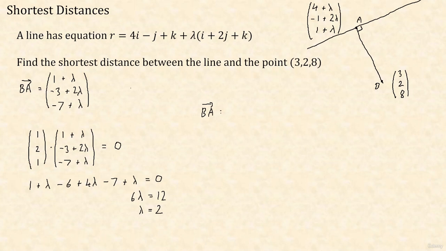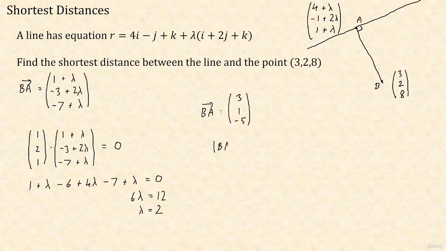So 1 plus 2 is 3, and then negative 3 plus 2 times 2, so negative 3 plus 4 is 1, and then minus 7 plus 2 is minus 5. So that is the vector BA. And so the shortest distance is just the length of that line.